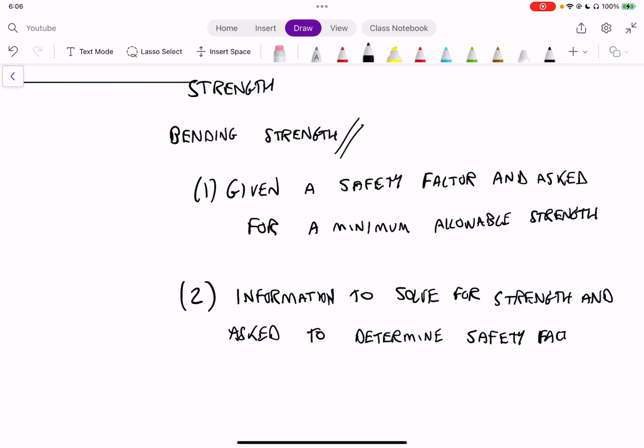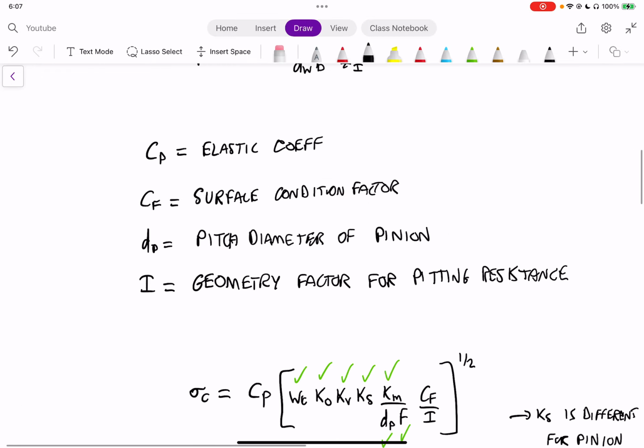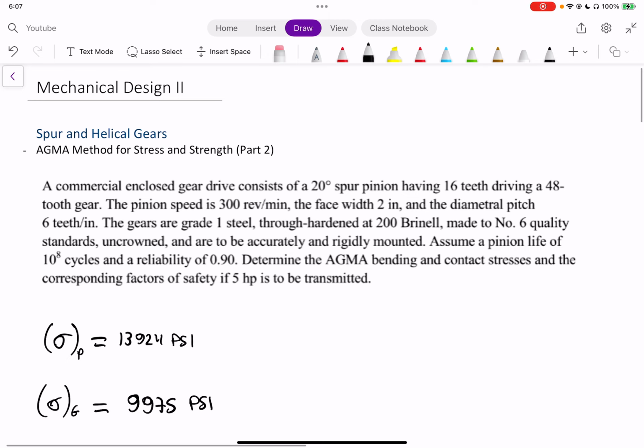So in our problem, if I go back to the problem at the start of our notes here, we are told that we want to determine the corresponding factors of safety. That means we're going to find a factor of safety for bending and a factor of safety for contact.